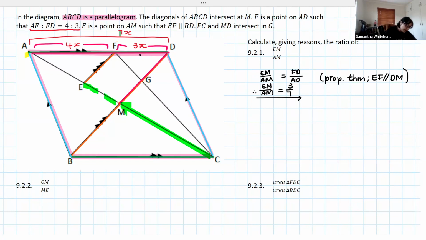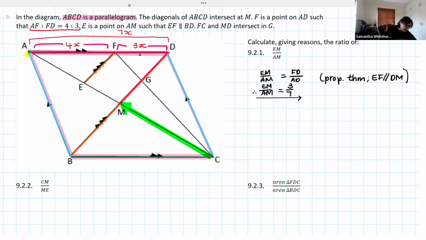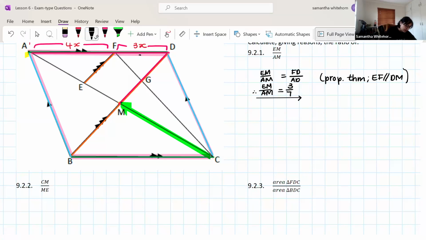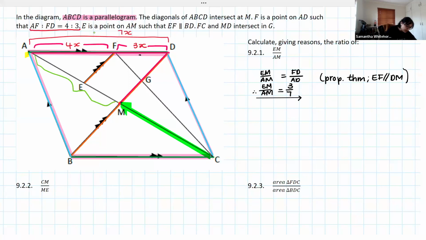Now remember, what we have just shown is that this AM over here is 7 parts. So let's try that again. We just proved in the last question that all the way from A to M, we've got 7 parts. Because that's the case, and because, as Wami said, the diagonals bisect each other, this is also 7 parts.